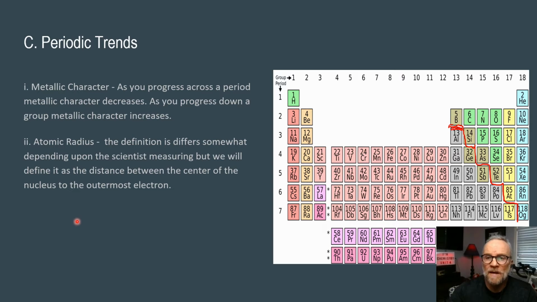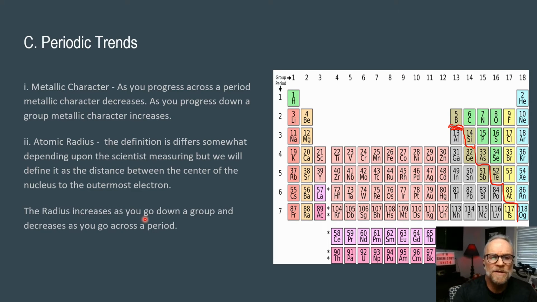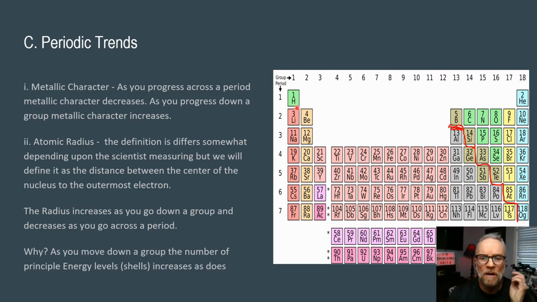We will say that this trend for atomic radius increases as you go down a group and decreases as you go across a period. So let's talk about going down a group first, and then we'll talk about the period trend next. So as you go down a group here, or a family, the atomic radius increases.